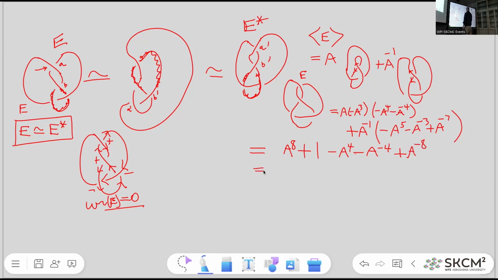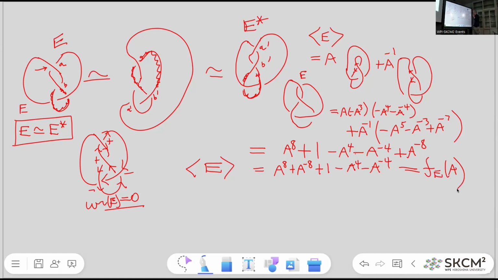So putting things together a little bit better, I get A to the 8 plus A to the minus 8 plus 1 minus A to the 4 minus A to the minus 4. And this is bracket E, but it's also equal to F because the writhe is 0.